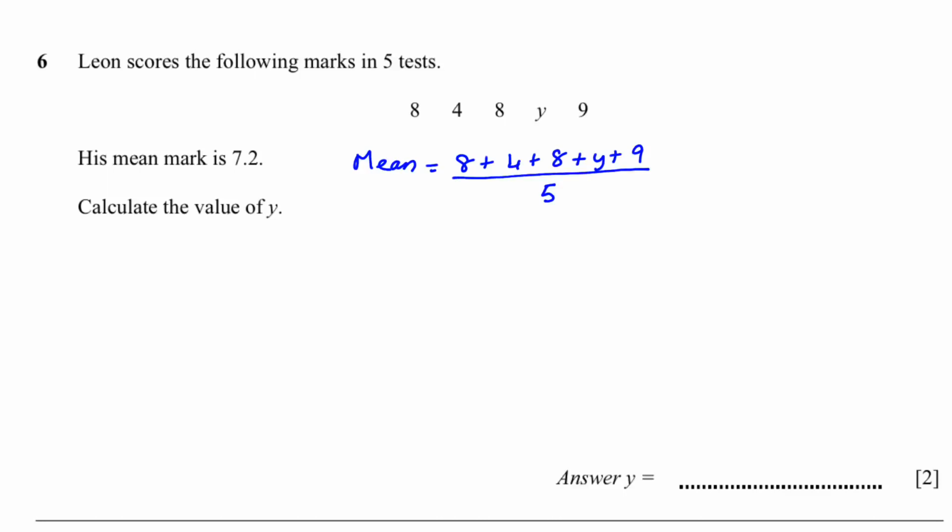And that is 7.2 because they've told us that our mean mark is 7.2. If you add all of this, you will get 29 plus y is equal to 7.2 times 5, which will give us y is equal to 36. This plus 29, when I move to the other side, it will become negative 29. Therefore, y is equal to 7.